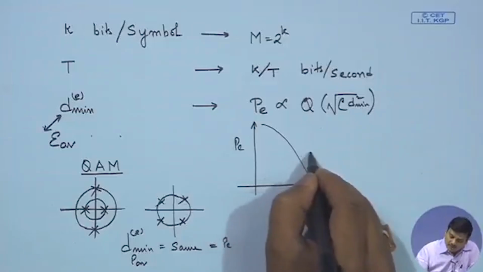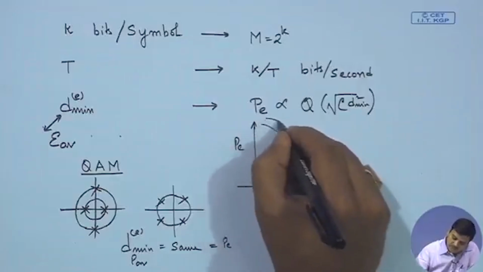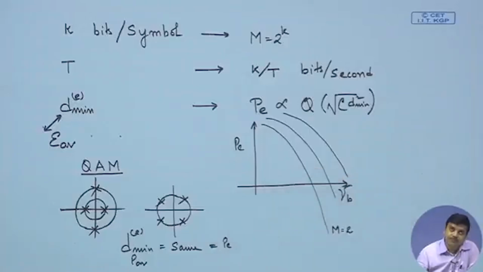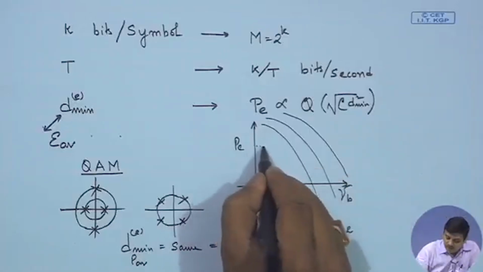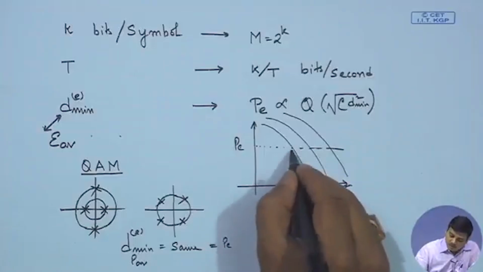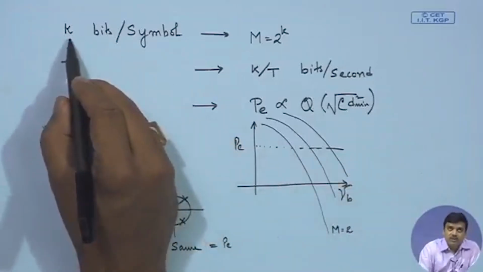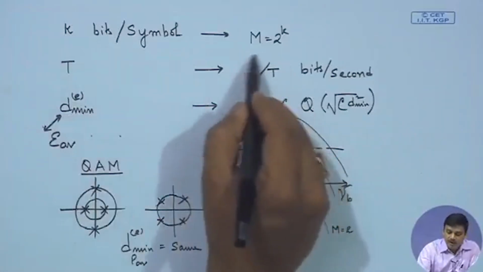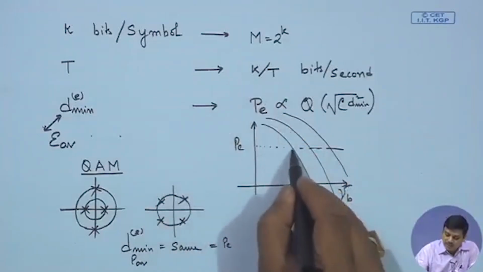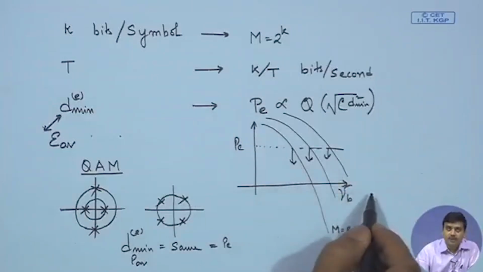As we increase M, from M equals 2 to M equals 4, the probability of error curves shift to the right, which means that to maintain a certain probability of error, as we increase the constellation size, that means as we increase the bits k, our bits per second increases, but the minimum required SNR or Eb by N naught also keeps on increasing, right.